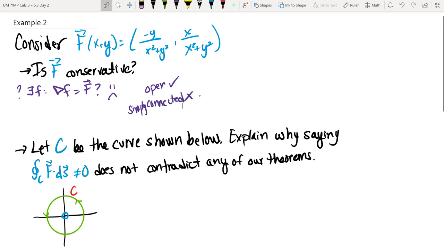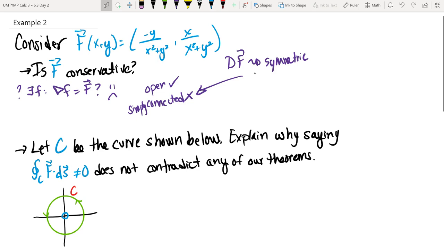And you could also look at DF, and this ends up being symmetric. Okay, but because of that lack of a simply connected space in this vector field, we're out of options.